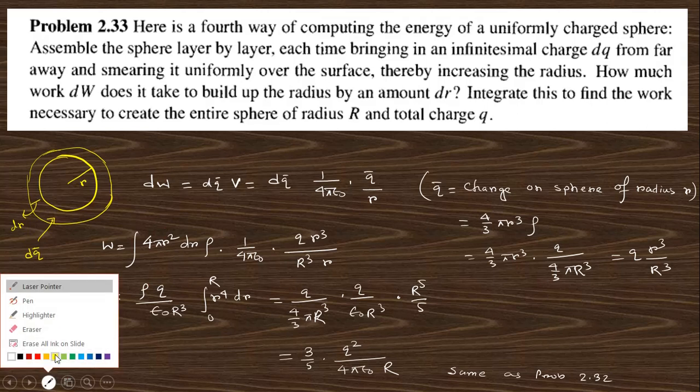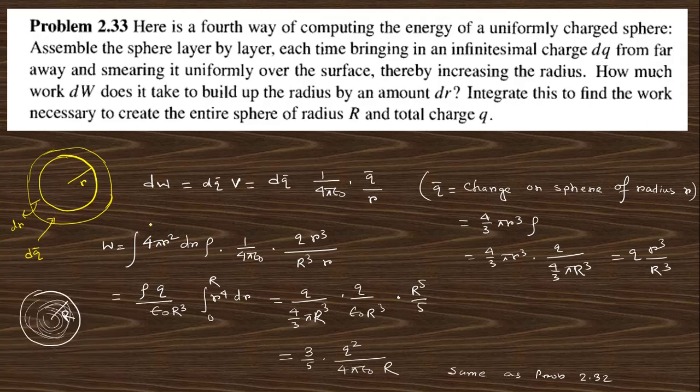So this portion is dq bar, that is the charge added to this sphere. Dq bar is 4 pi r square dr into rho, where 4 pi r square into dr is the volume of this region. So this is the work done for preparing this portion only.